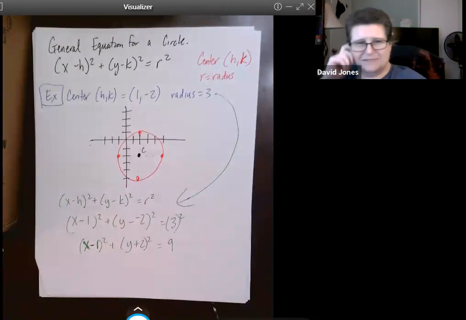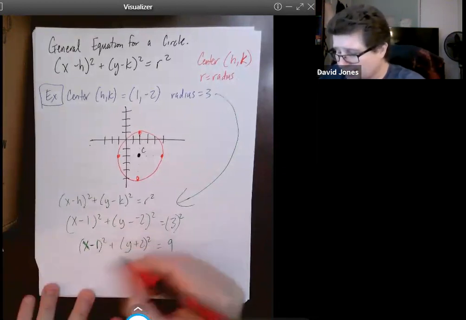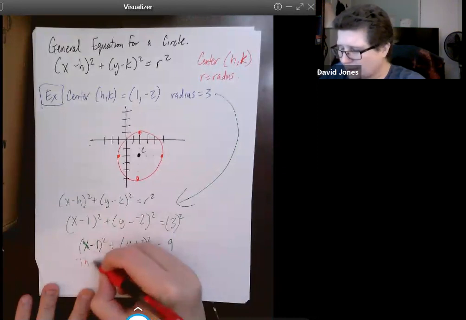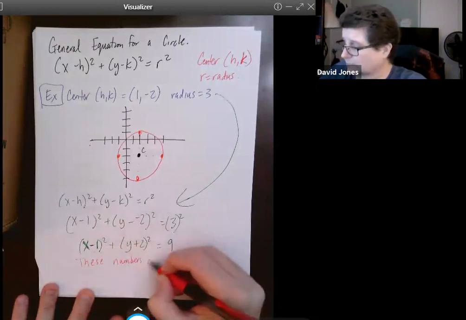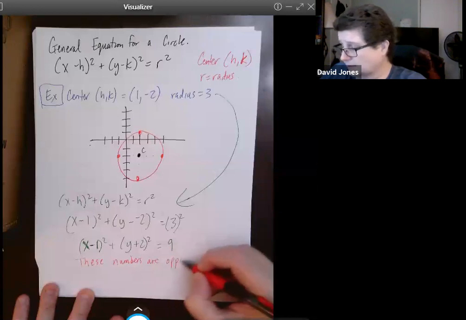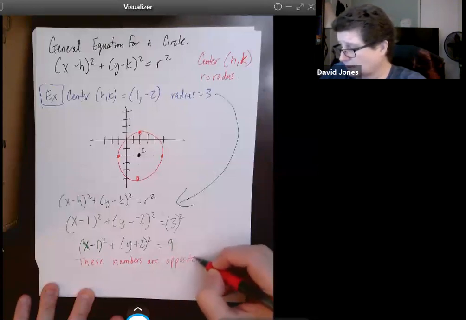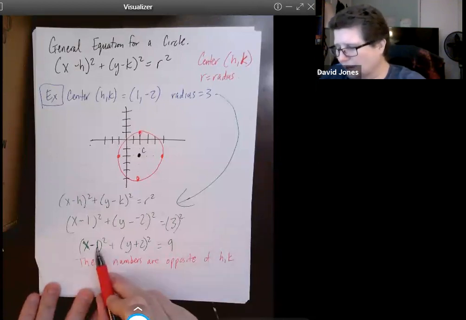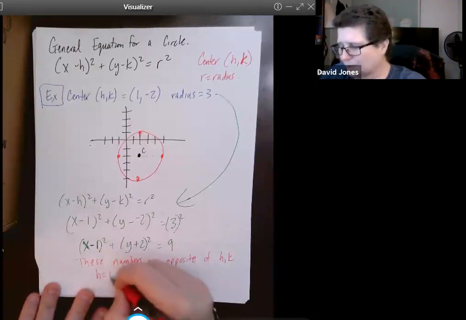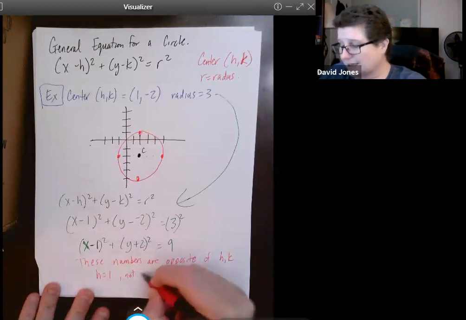And this will bother you, presumably. It tripped me out for a little while. These numbers are opposite of h, k. I see -1, but h equals +1, not -1.